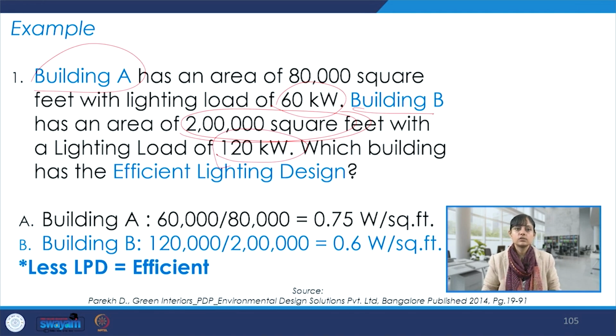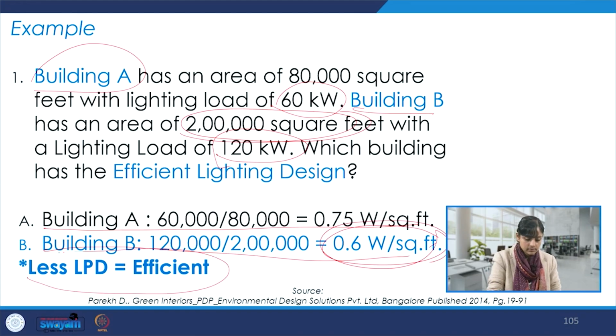Of course, the answer is over here. So we do this simple calculation, and here the value is less. So less LPD, more efficient lighting design. So we are trying to understand these fundamentals. Less U value, less SHGC, more VLT, less LPD.